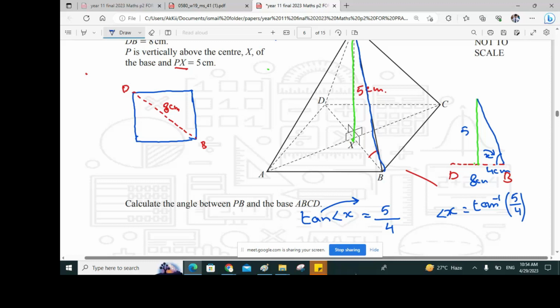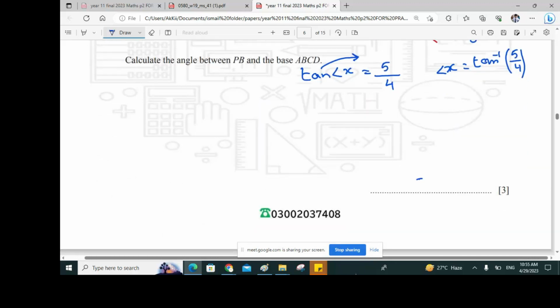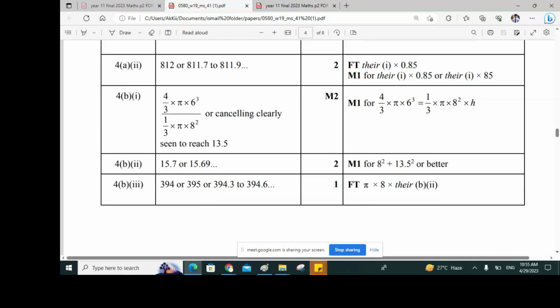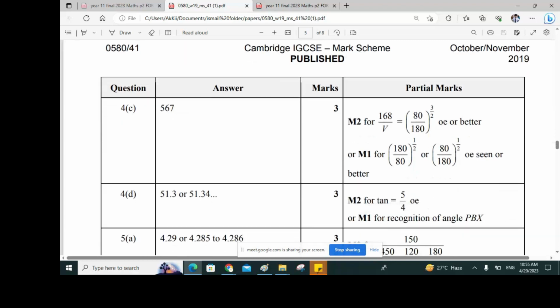Tangent inverse of 5/4, okay, you're going to get the value 51.34. Okay, let me check what is the answer. 51.34, right?